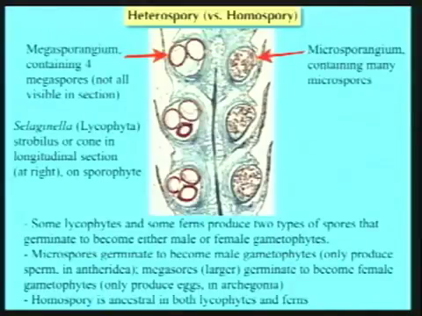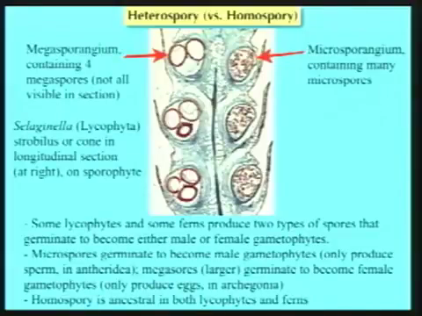The 4 products of meiosis are the only spores in one of these sporangia, whereas there are large numbers of microspores here. So the microspores germinate to become male gametophytes that produce sperm. The megaspores germinate to become megagametophytes, female gametophytes that produce eggs.